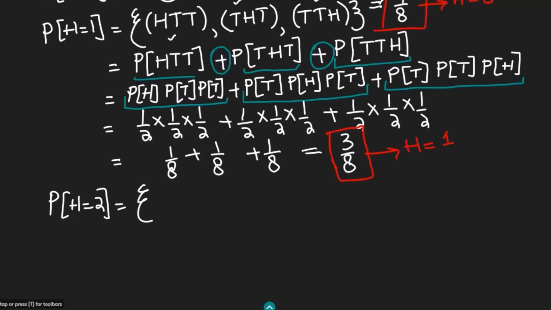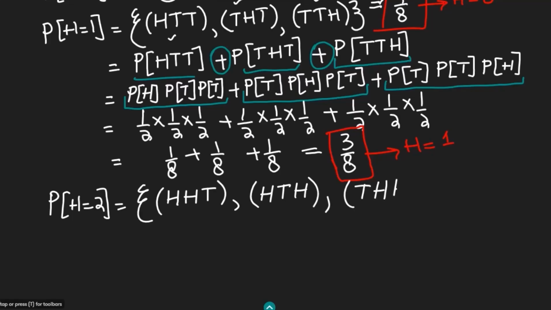Those events are either heads, tail, heads, or heads, tail, heads, or tail, heads, heads. So these are the three events where two heads can occur.